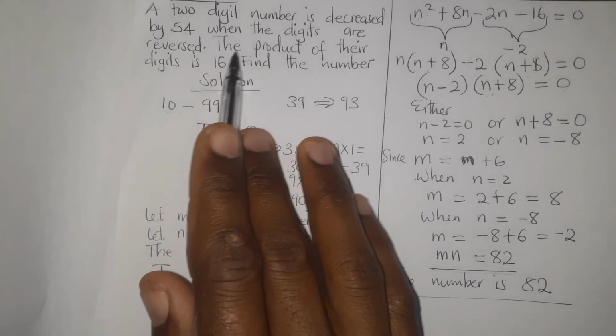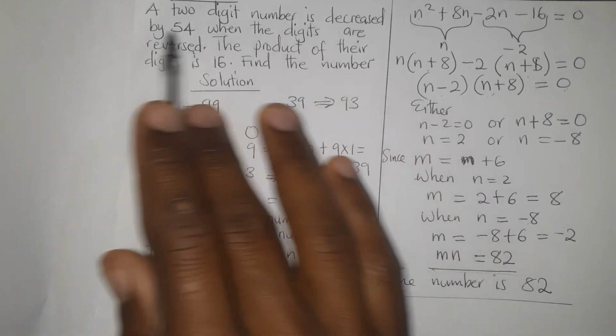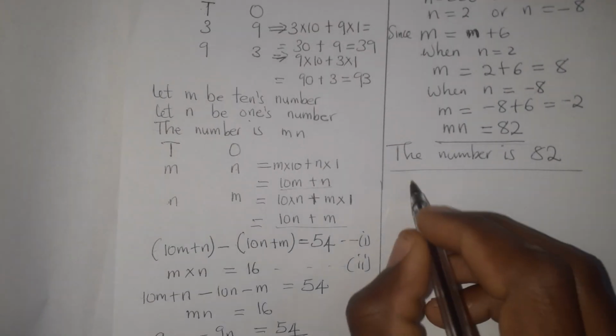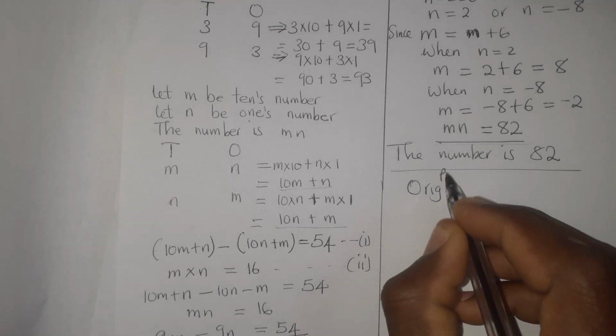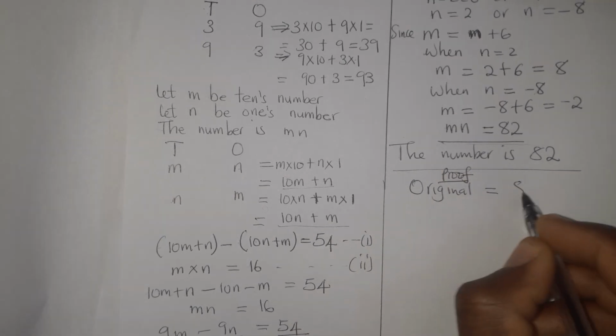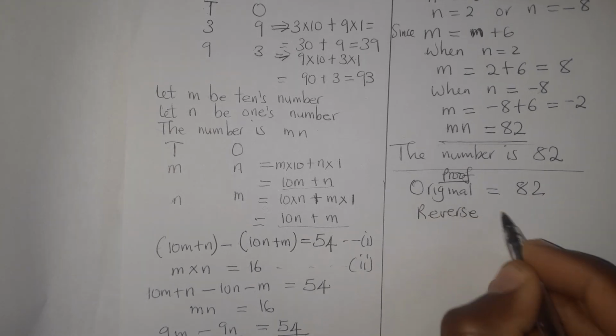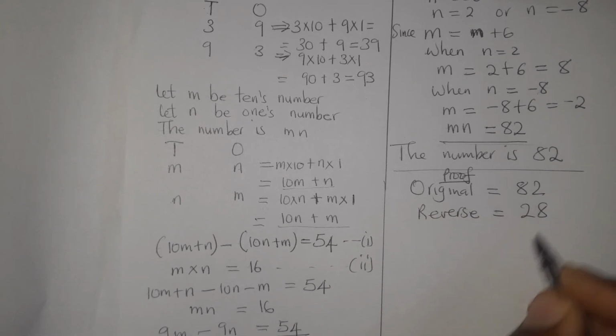If we try to verify this: a 2-digit number is decreased by 54 when reversed. If we reverse this one, we get 28. So the original equals 82 and the reverse equals 28.